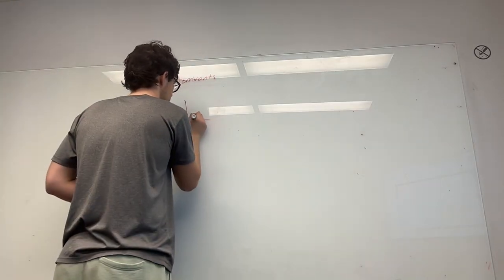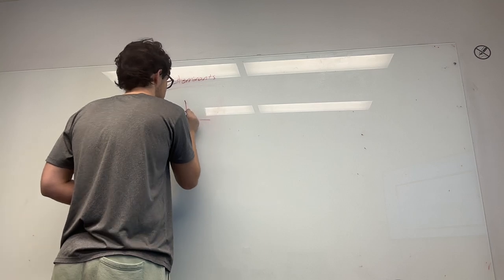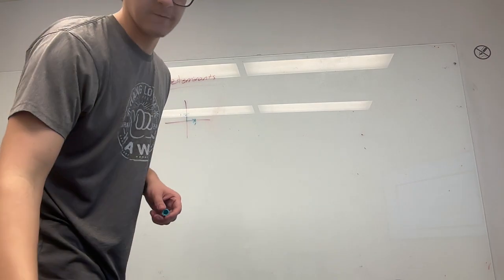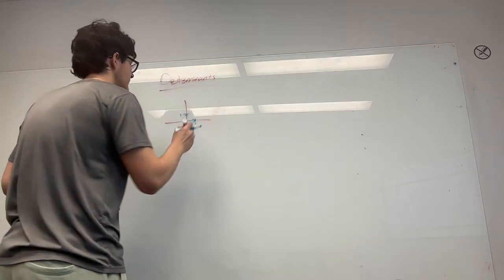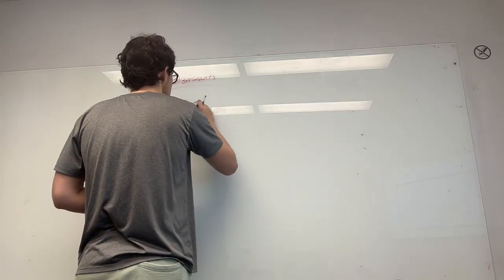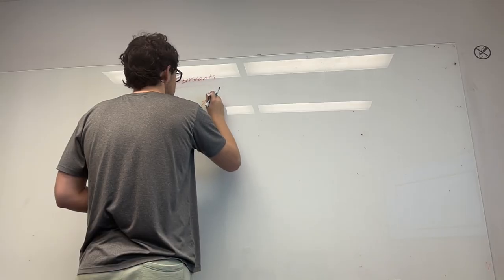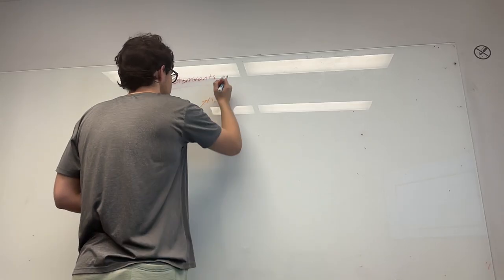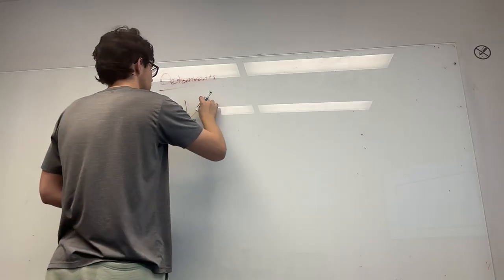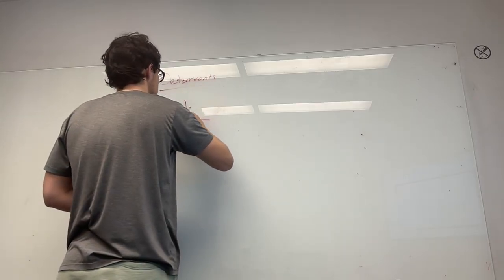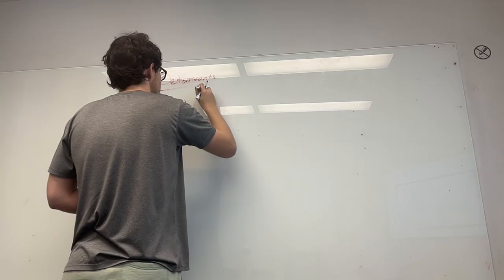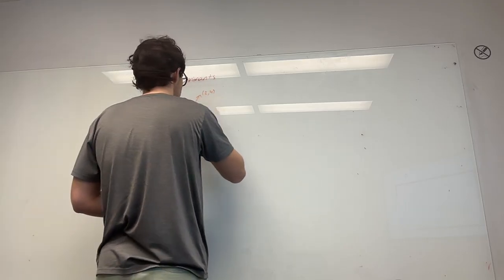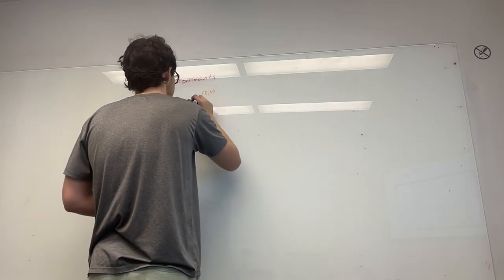So we had our 0, 1, 1, 0. And then we had our 2, 4, and then we had 1, 3.